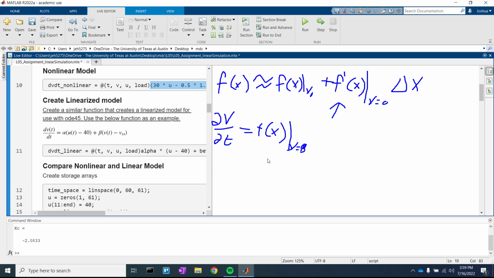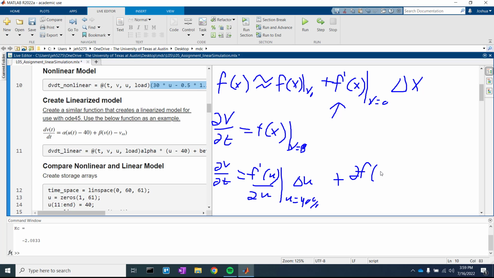The velocity is going to be dv dt. We have two actual functions. So we'll say a function is going to be a function of f prime of u, du, so at u equal 40% times delta u, and that's the delta u from that 40%, plus df, and that f is actually v, I should say, but I think f does a good job at saying what the function is.